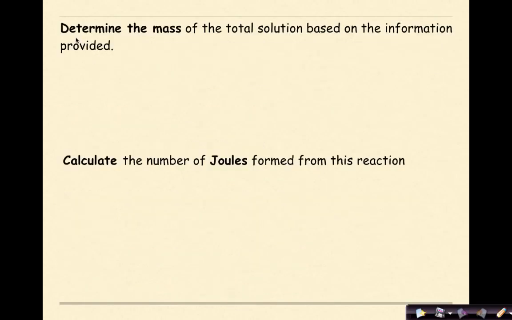Now what I want to do is determine the mass of the total solution based on the information provided. If I look back at my original problem, I have 25 milliliters of AgNO3, and I also have 35 milliliters of my NaCl.